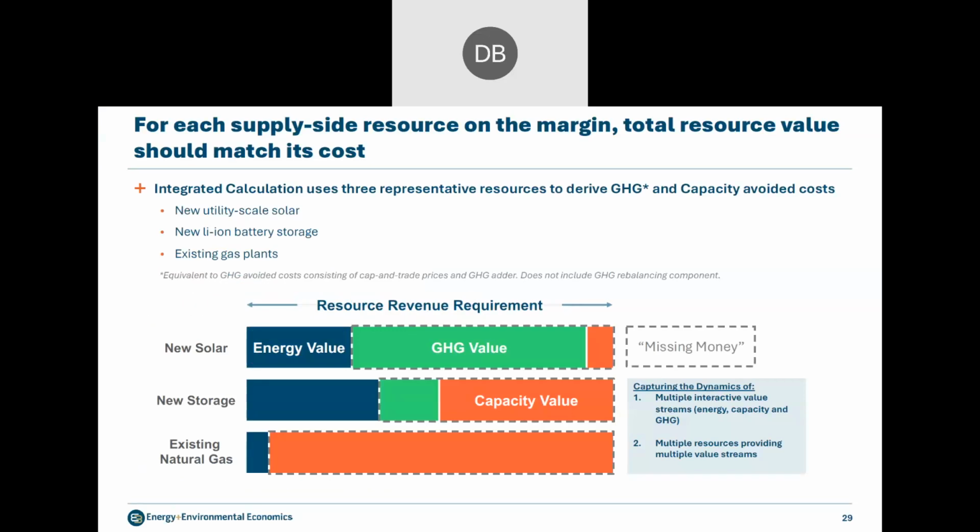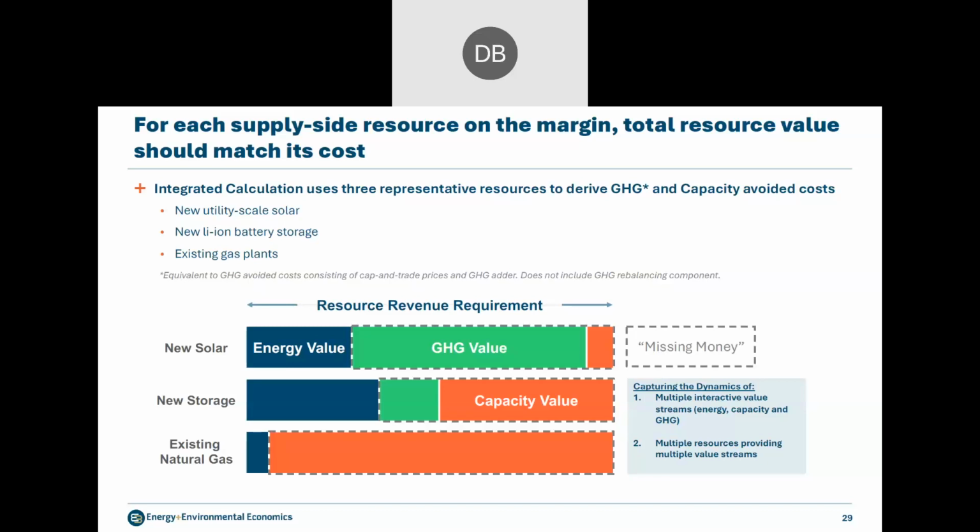First, I want to provide the principle behind this approach. Essentially, the core principle of the integrated calculation is that for each supply side resource on the margin, the total resource value should match its cost. This can be illustrated in the graph below. We're seeing that each supply side resource is built to meet three main system needs.